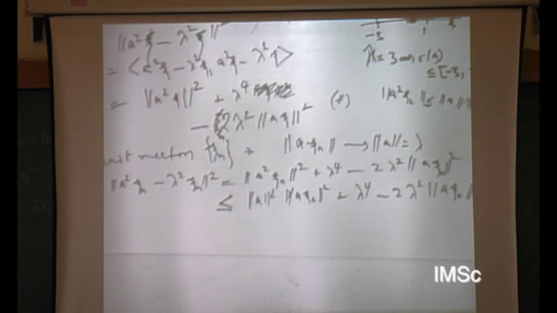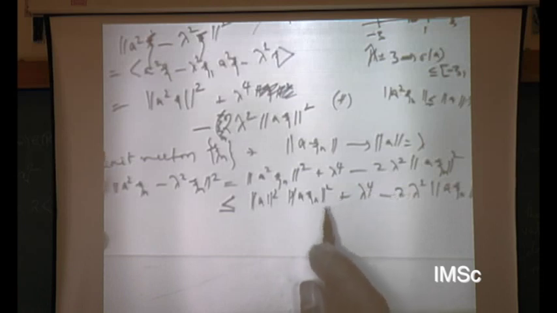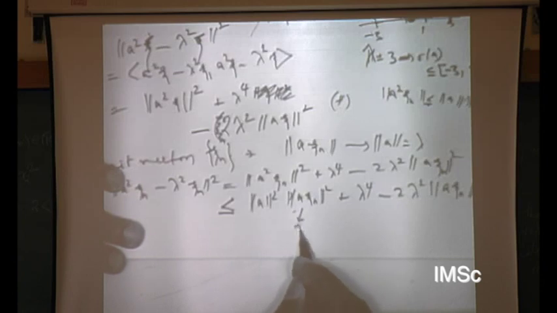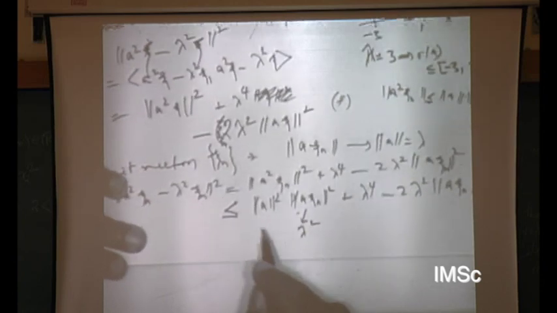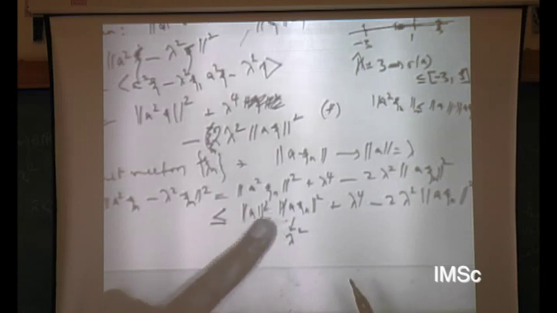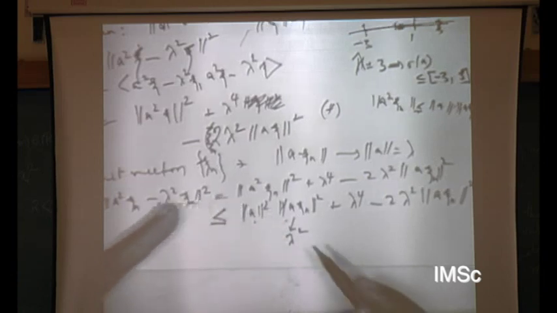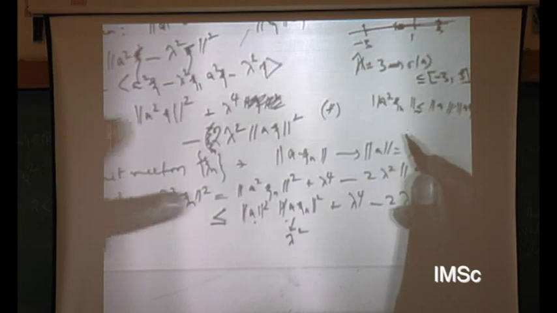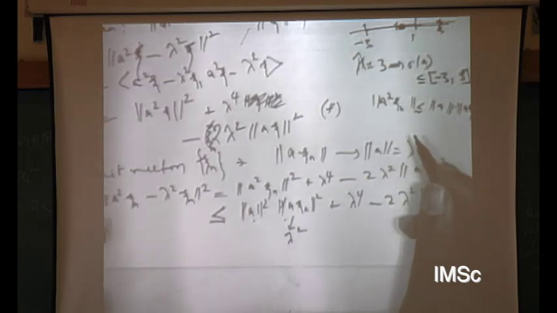Now in the limit what happens here? A psi n is converging to lambda. Right? So this converges to lambda squared. This also lambda squared. Norm A psi n converges to norm A, oh I see, that's lambda.